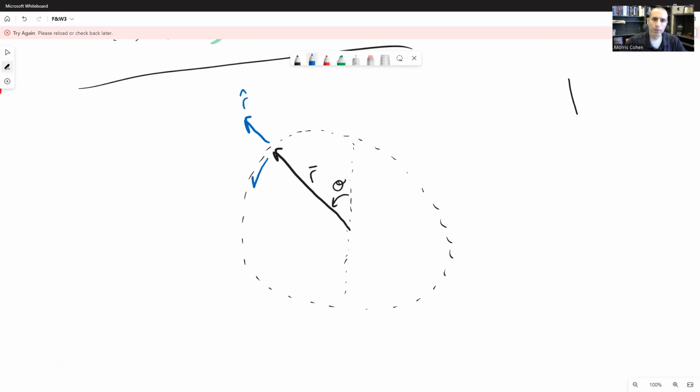This vector that points toward the South Pole on the surface of the sphere is theta hat, and it's kind of hard to see, but there is a vector that points eastward, and that will be the phi hat direction.